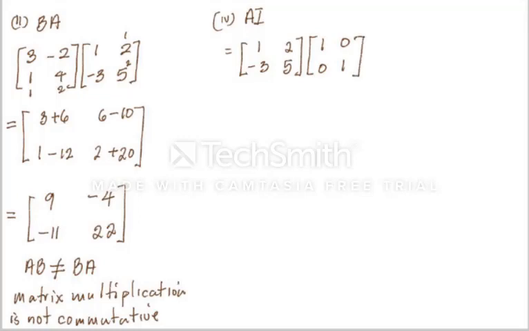So I is the identity matrix, and it's a matrix in which the diagonal elements, or the leading diagonal elements, are all ones. All right, so let's multiply our matrices.